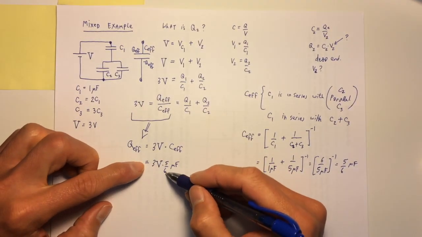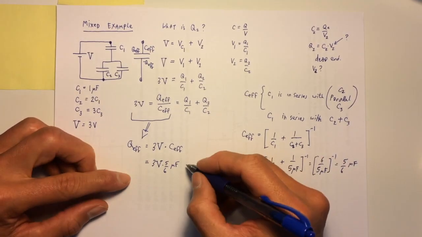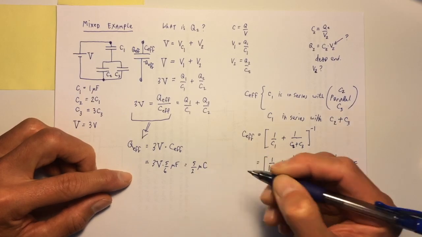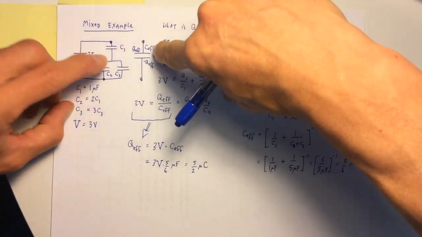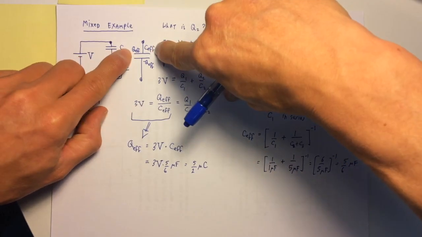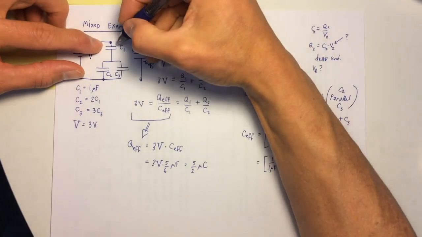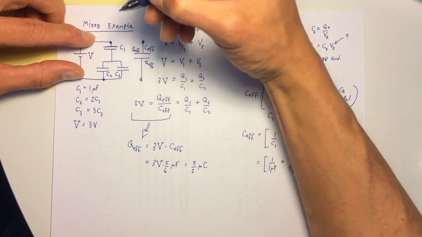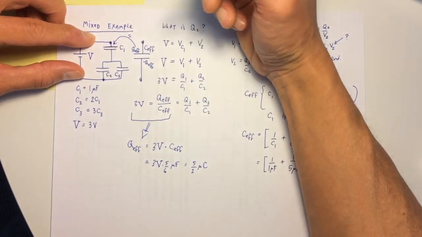So 3 over 6 is a half. Half of 5, so we'll go 5 over 2 microcoulombs. So that 5 over 2 microcoulombs is sitting on the upper plate of the effective capacitance, which means that it's also sitting here. They are going to be the same.